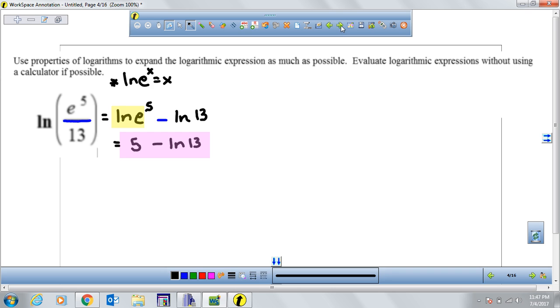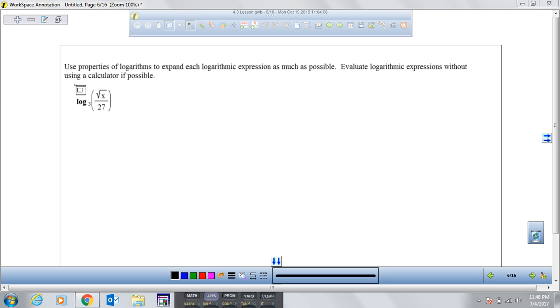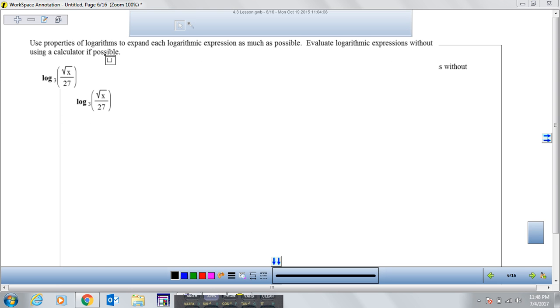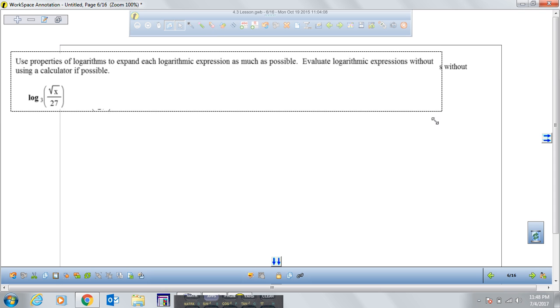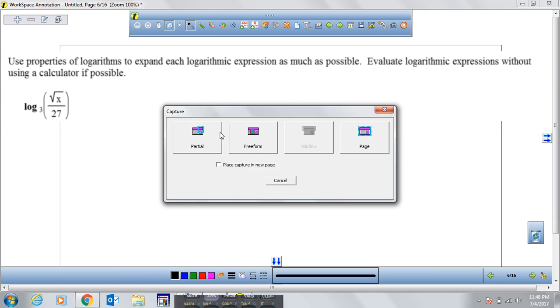The next one. Now we're going to be expanding this logarithmic expression. Use the properties of logarithms to expand this logarithmic expression, and then evaluate, if possible, without using the calculator.